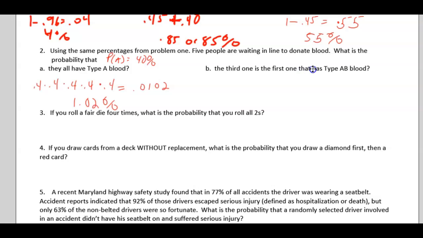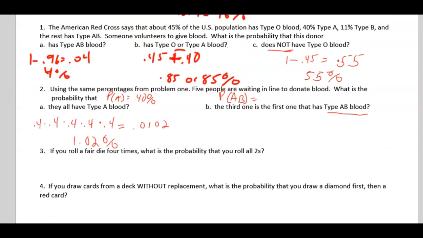This next one says the third person is the first one that has type AB. So basically, the third person is the first person to have type AB. What's the probability of the first person not having AB? The probability of AB, they said, was 4%.